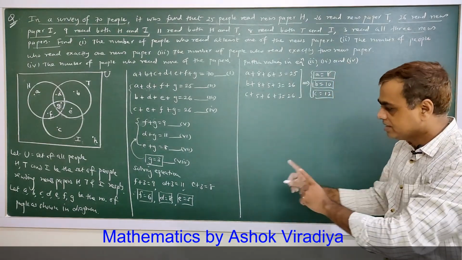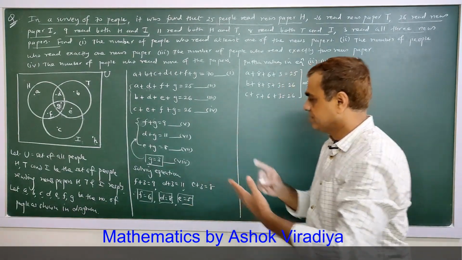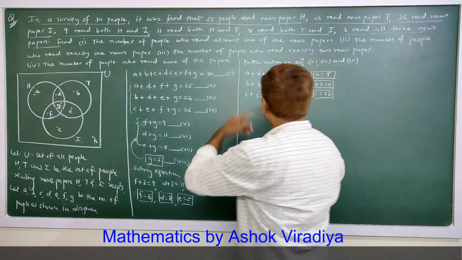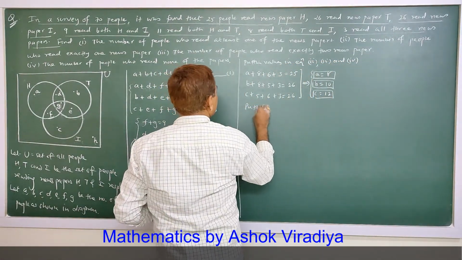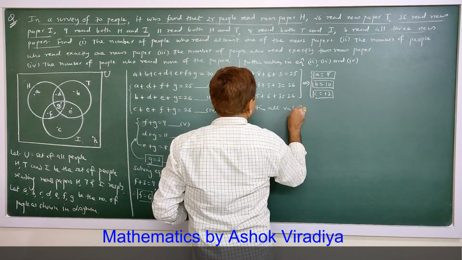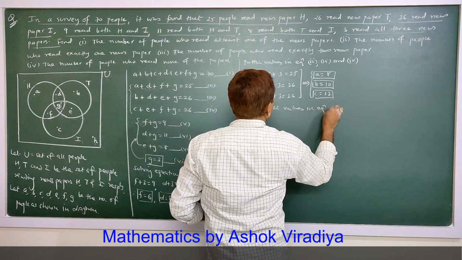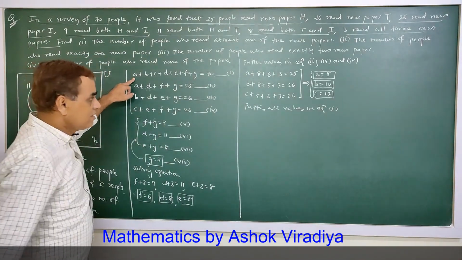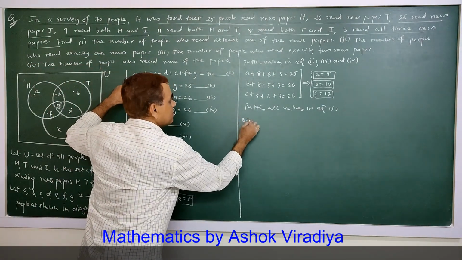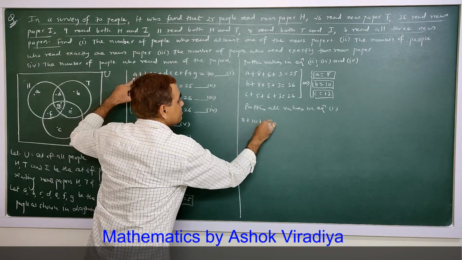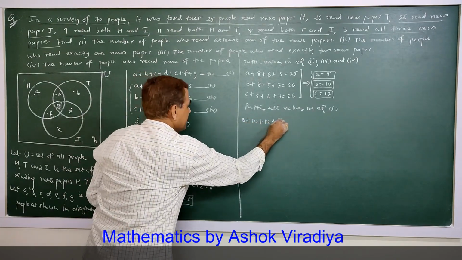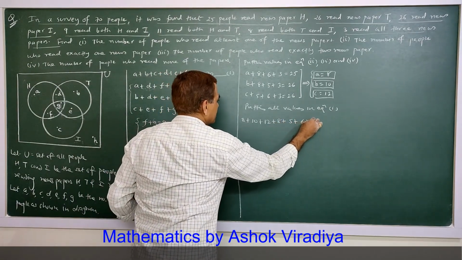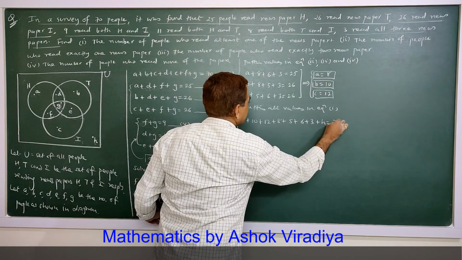So we have A, B, C, D, E, F, G. Only H is left. Putting all values in equation 1, A plus B plus C plus D plus E plus F plus G plus H is 70.